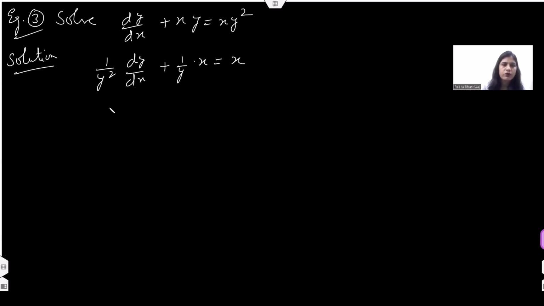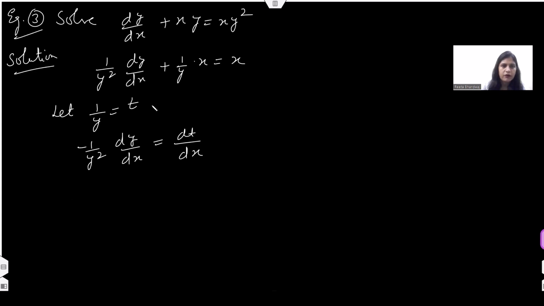Now we know that in Bernoulli's equation, we have to make a suitable substitution in order to convert it into linear form. So the substitution would be 1 by y is equal to t. On differentiating both sides, we are getting minus 1 by y square dy by dx as dt by dx.